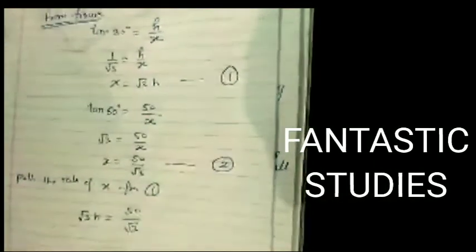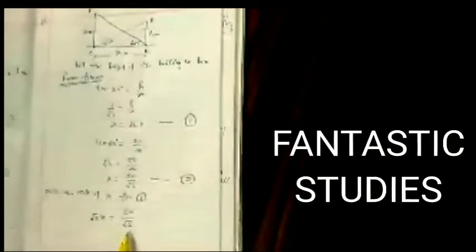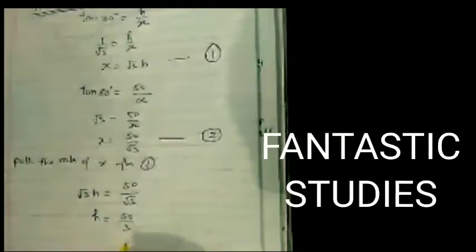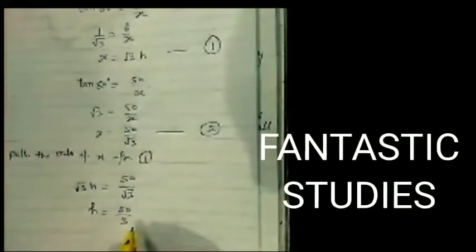So we have root 3 H is equal to 50 upon root 3. The value of X is root 3 H, so I have put this value here. Root 3 H is equal to 50 by root 3. So the value of H will be 50 by 3. So 50 by 3 is the height of the building.